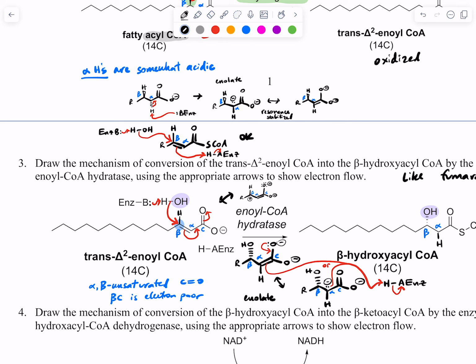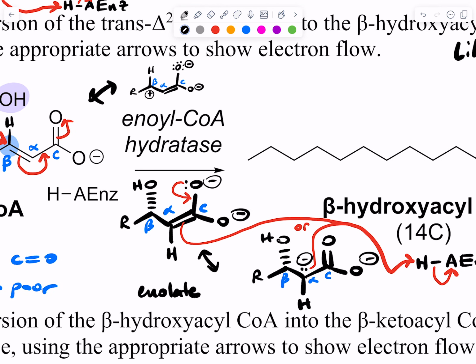Okay. Yes? Question: why during that intermediate wouldn't the lone pairs on the oxygen from the carboxylate attack the acid instead? Right, why wouldn't we protonate on the oxygen? I'm just going to abbreviate with an R group.